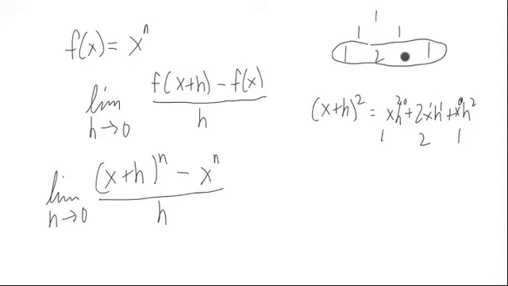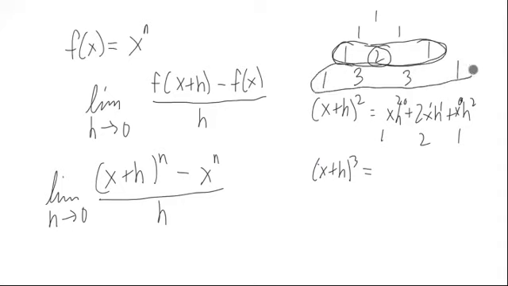Let's take this triangle and think about it for a minute. What if we did x plus h cubed? This actually can be seen by the next line on the triangle. This is how we get it. We take two adjacent spots, 1 and 2, and we add them. We get 3. 2 and 1, we add them. We get 3. And then we put 1s on the ends, and then that is the next line.